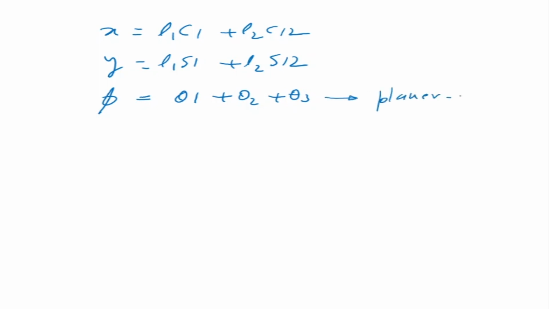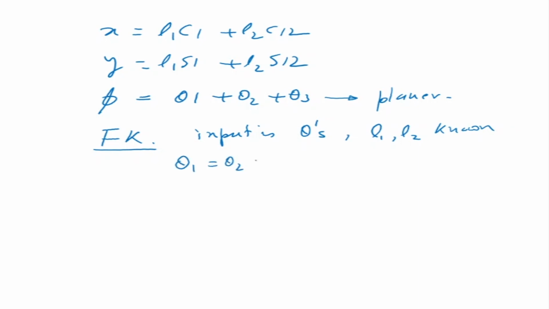In the forward kinematics problem, let's call it the FK problem, my input is the thetas, and L1, L2 are known. Let's say, for example, θ1 equals θ2 equals θ3 equals 30 degrees, and L1 and L2 equal 1 unit.